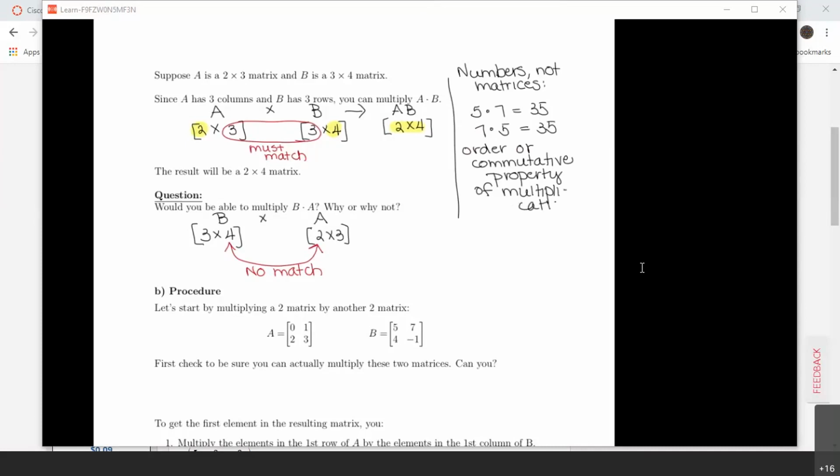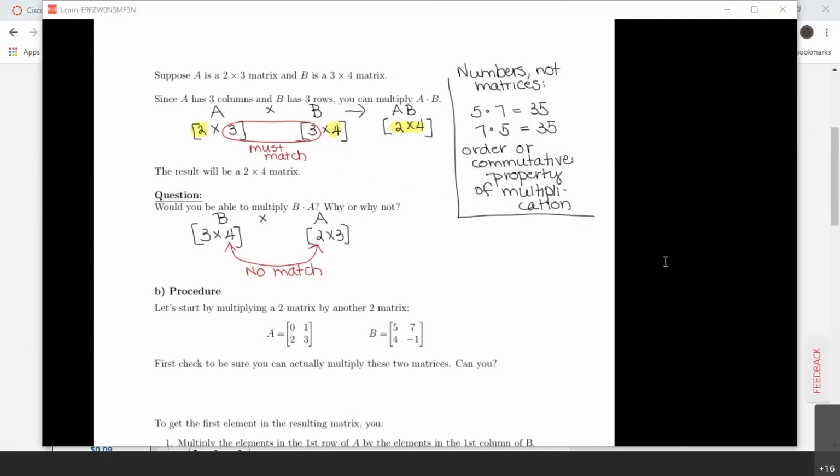It turns out addition also has this property with numbers. But what about matrices? Is matrix multiplication commutative? So what I'm asking is, does the same property that holds for numbers work for matrices?